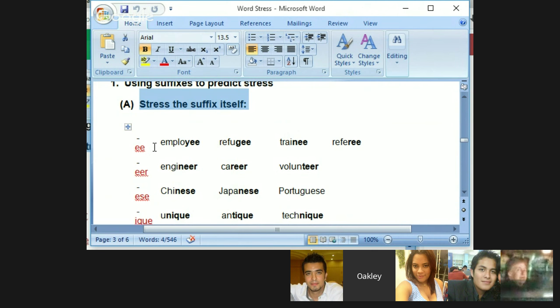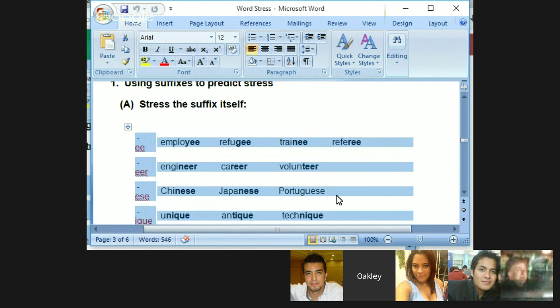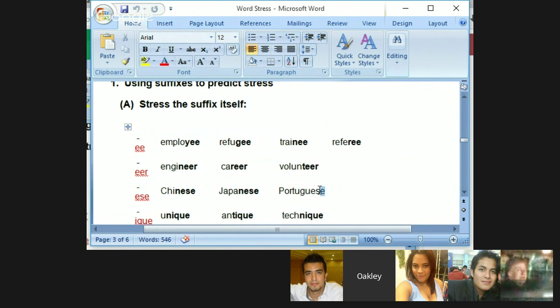Excuse me. What means suffix? See all of these words. All of these words have a bold ending. All of these red things here are examples of suffixes.